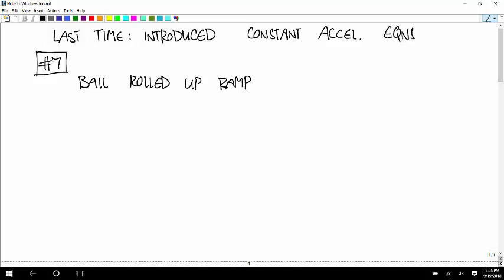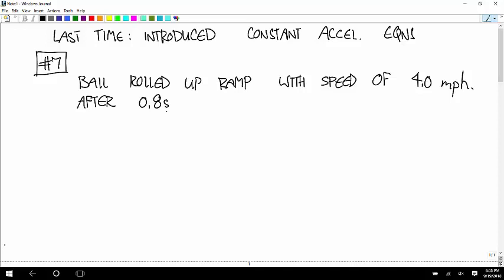Oh, we've got to do all these conversions. After 0.8 seconds, its speed is 1.5 miles per hour.